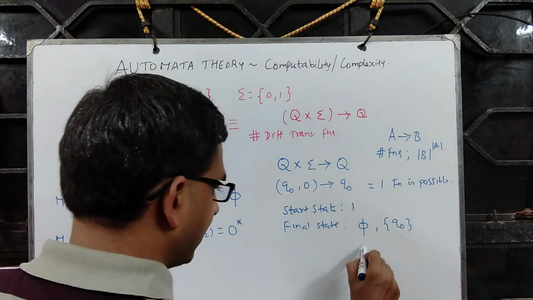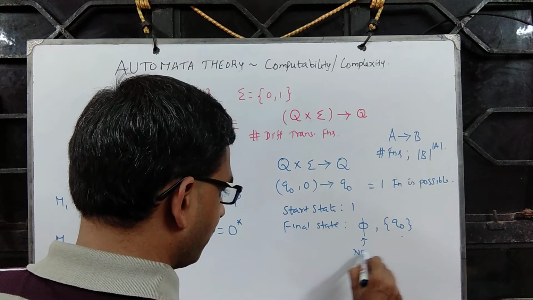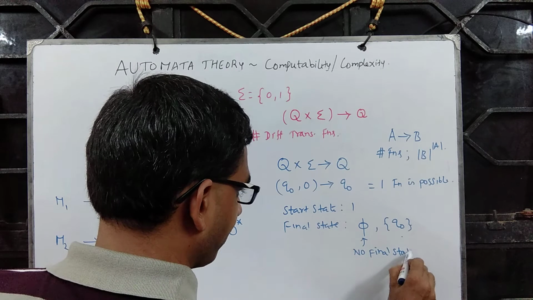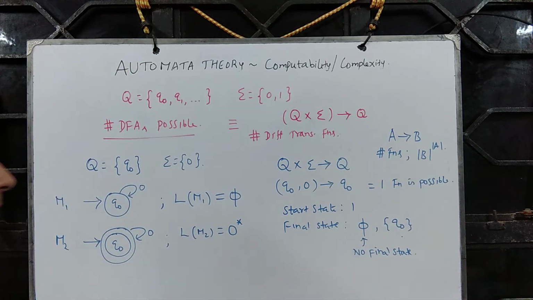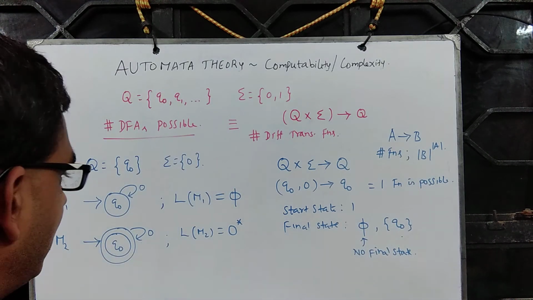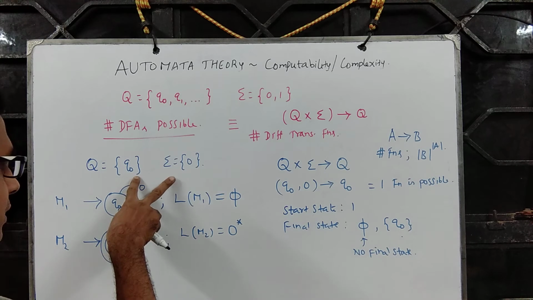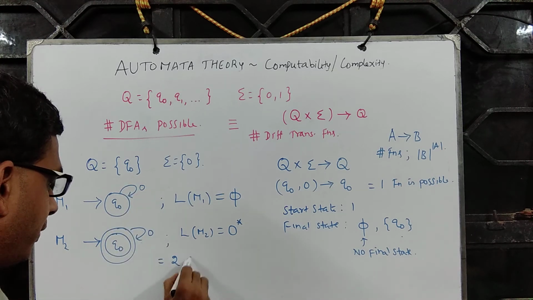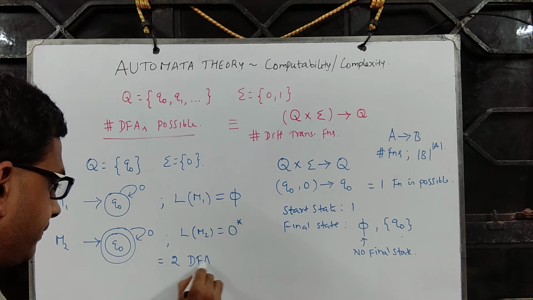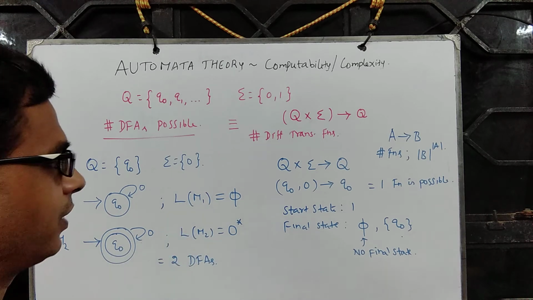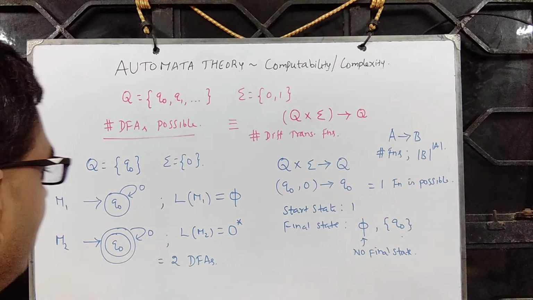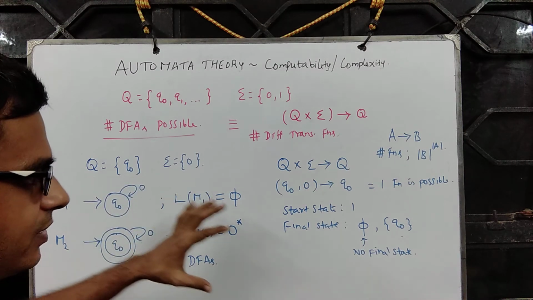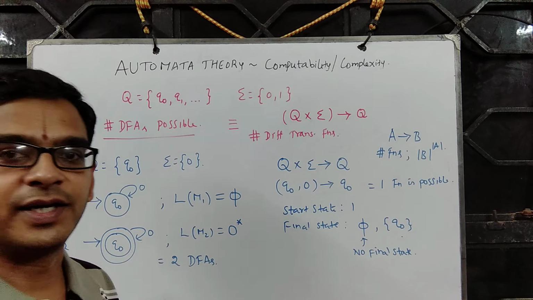When I say empty set, it means no final state. So that tells you that for this specification we have two DFAs. Now let's look at a couple more examples and then let's generalize.